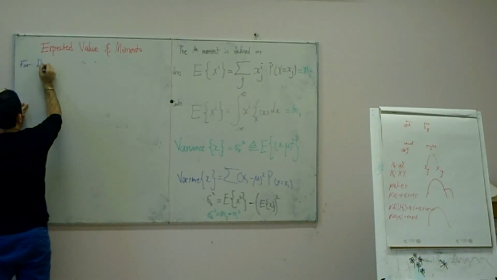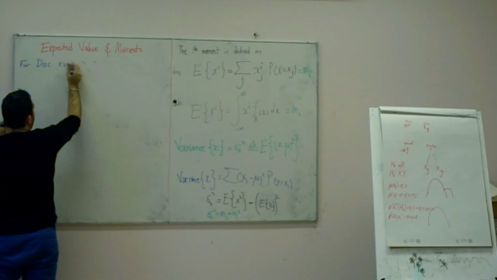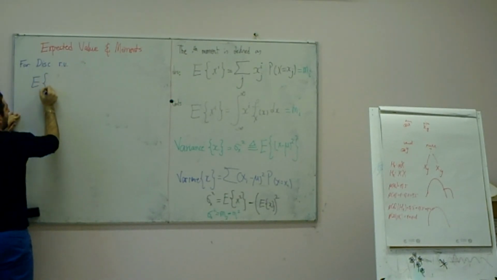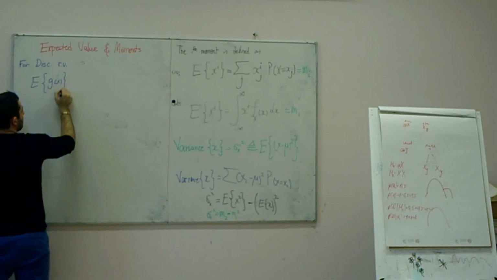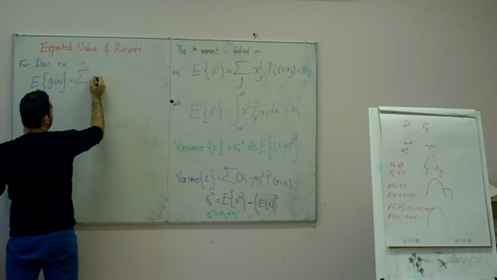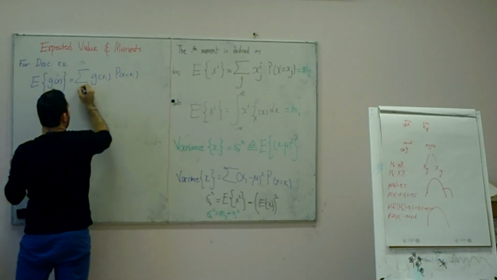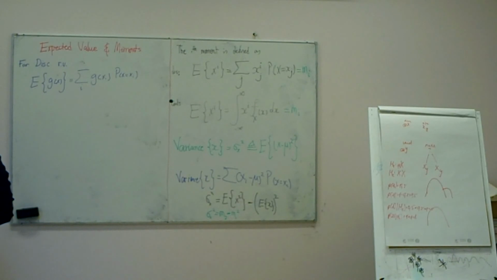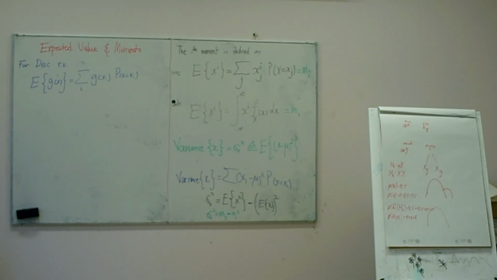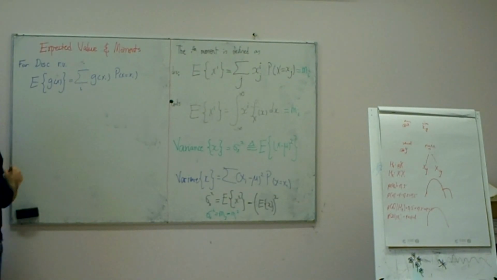For a discrete random variable, the expected value of g(x) is this. You can easily make it an integral to see the continuous form.